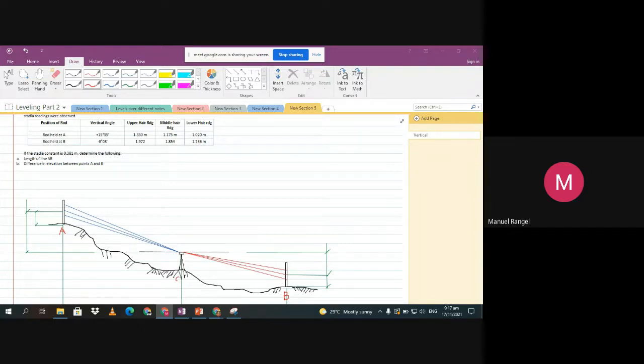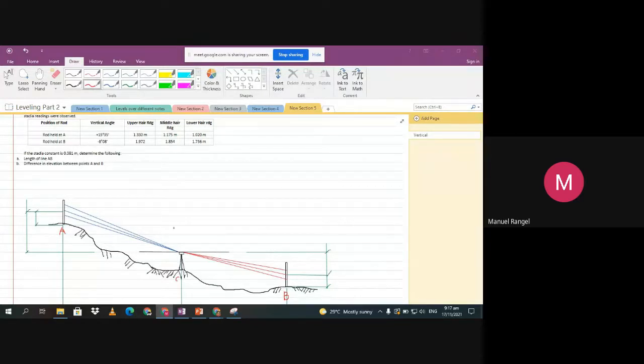Okay, back. Sorry for that call. Where were we? At point A. The middle hair reading, or rod reading, is 1.175.